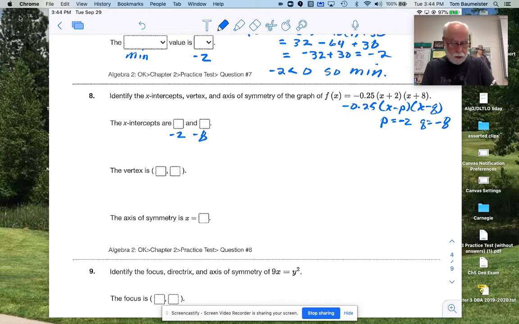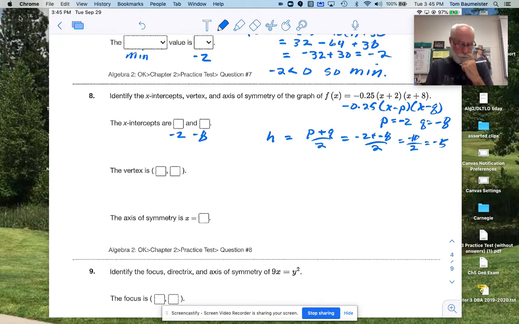Remember, to find the vertex, to find our h, or our axis of symmetry, we're going to take p plus q and divide it by 2. So we get negative 2 plus negative 8 divided by 2, which is negative 10 divided by 2, which is negative 5. Then we find f of negative 5.